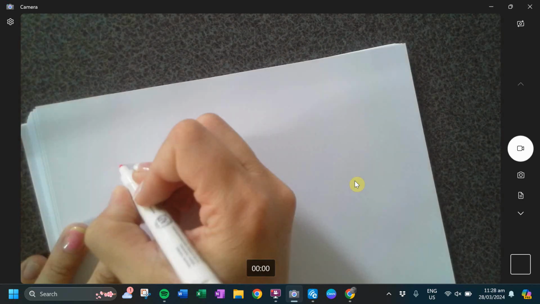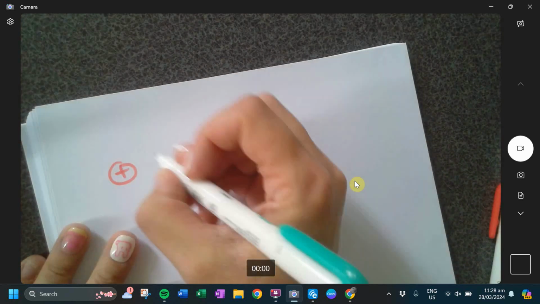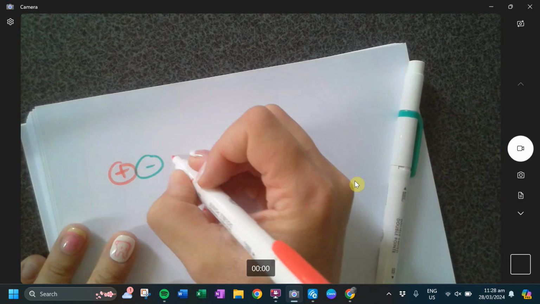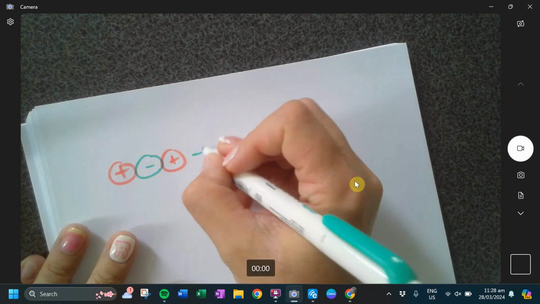Just as a reminder, when we talked about particles that were soluble in water, I'm going to draw three rows of plus and minus ions in nice colors.